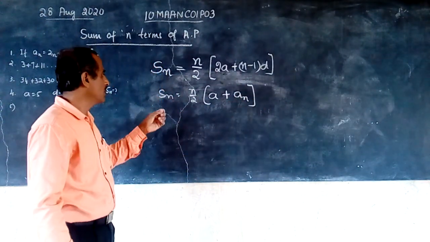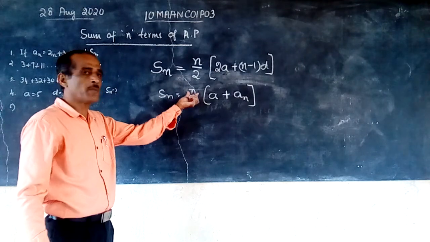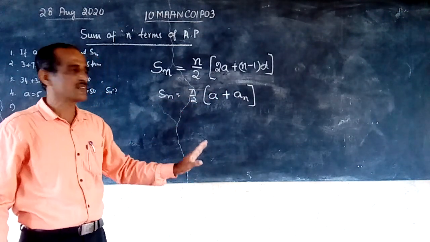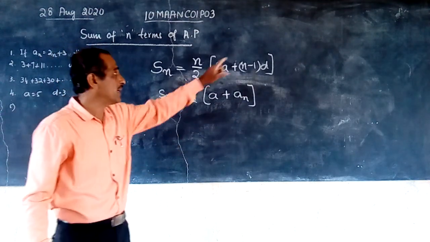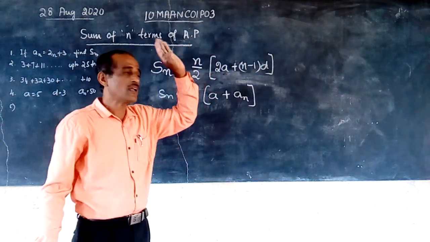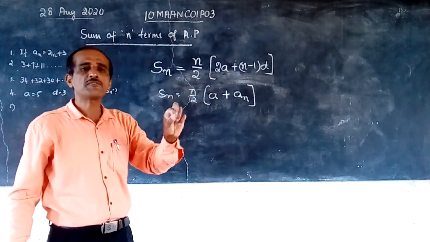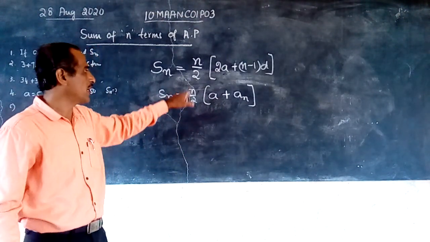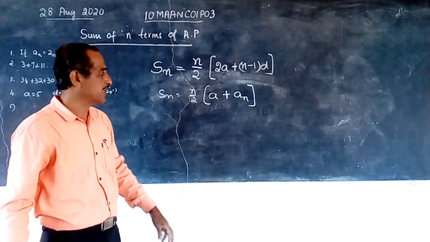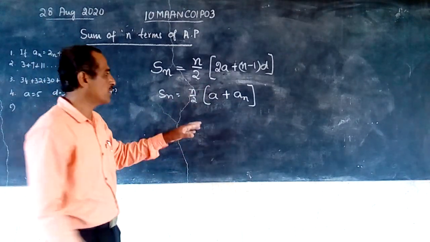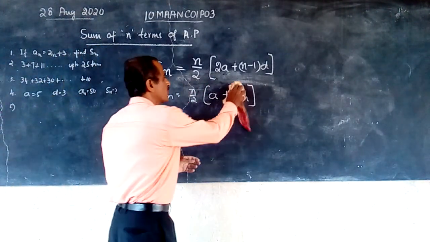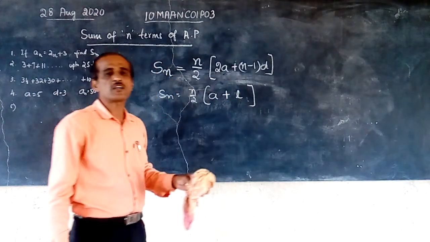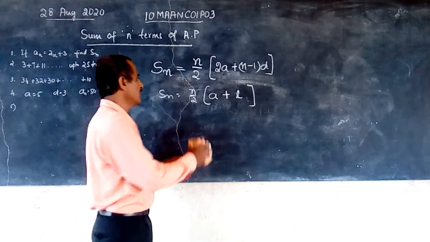Here the number of terms, the first term and the last term are required. That is enough, d is not necessary. In the earlier formula d is necessary. If the first term, last term and number of terms are given, then you can use Sn is equal to n by 2 into (a plus an). An means the last term, or sometimes you can write l for the last term, a is the first term and l is the last term.